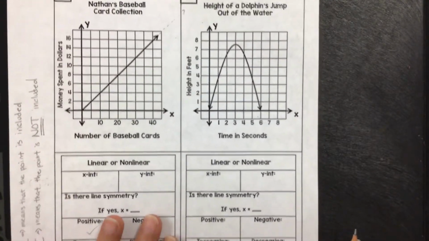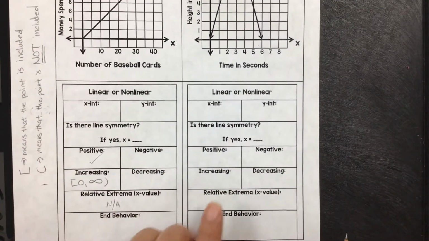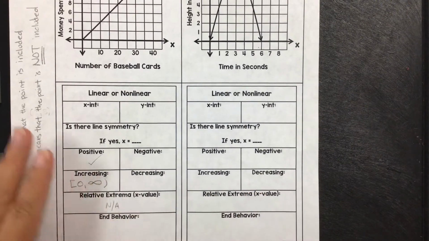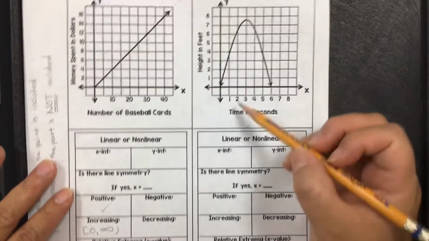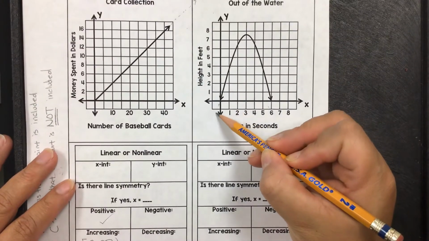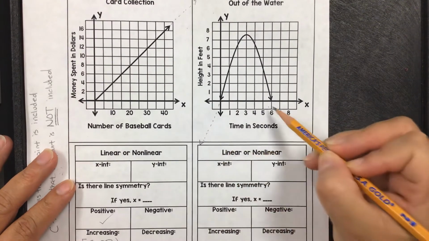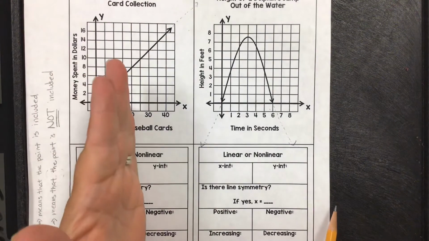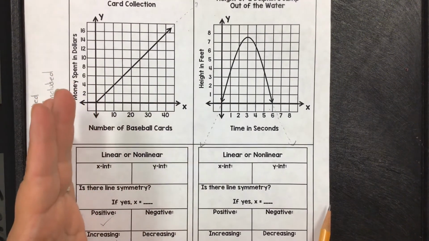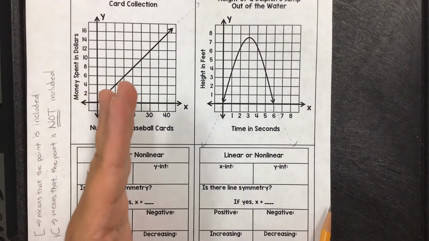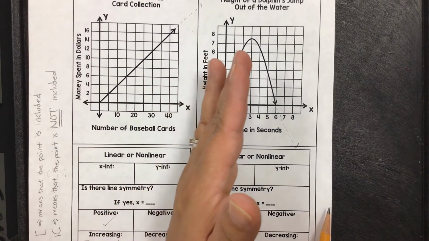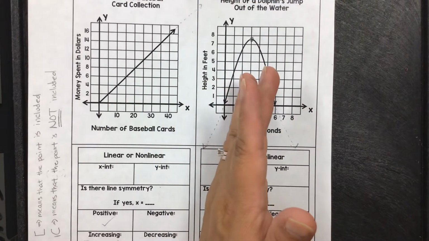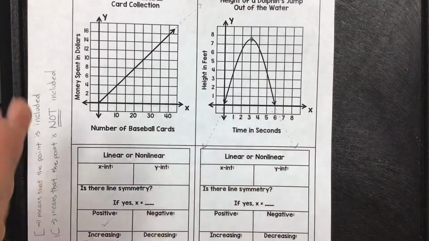For number 2, we're looking at all the same concepts. What I want to make sure that you understand is how to write increasing and decreasing. So let's understand the graph first. These arrows tell us that it's going to keep going on forever. That means that I can start somewhere in negative infinity and keep going up to this point right here, 3. And at 3, it stops increasing.